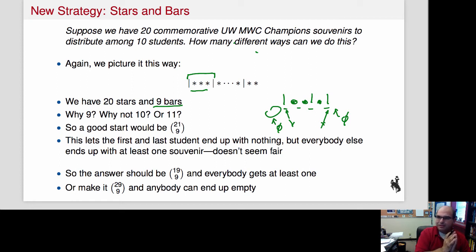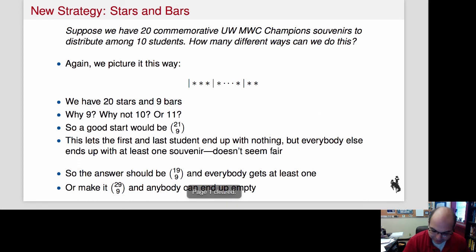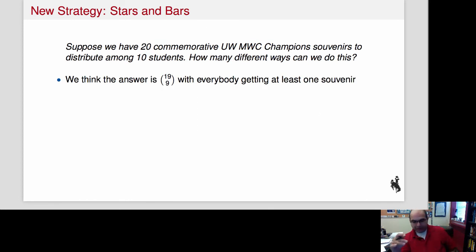And now what I'm actually allowing is to have areas in between that I can have 2 consecutive bars, and that means whatever student went in that slot doesn't get anything. So I could do that too. It's just a matter of deciding what it is that I want to count, and then arranging the stars and bars appropriately. So let's say that the answer is 19 choose 9.